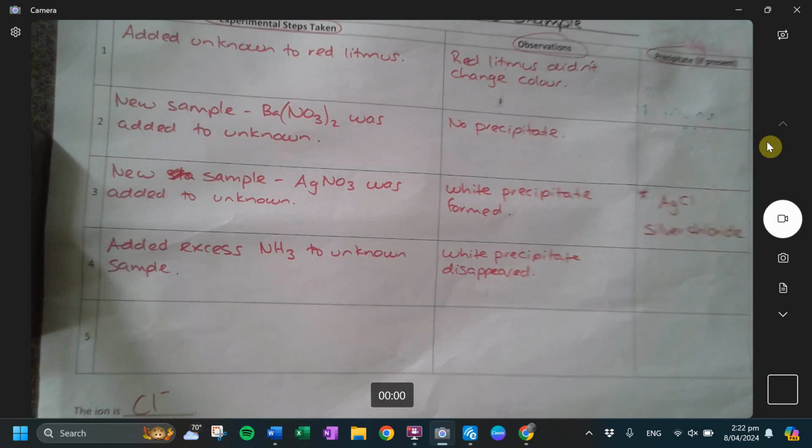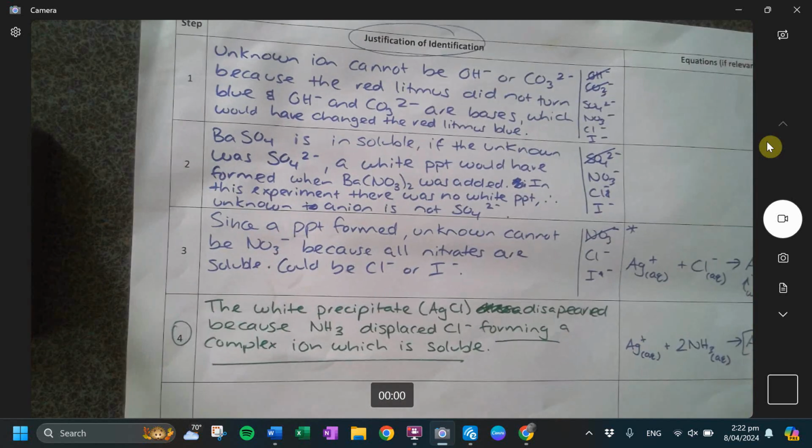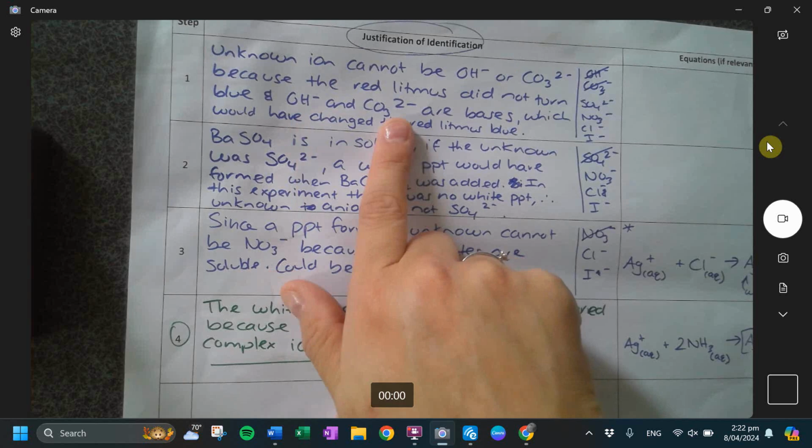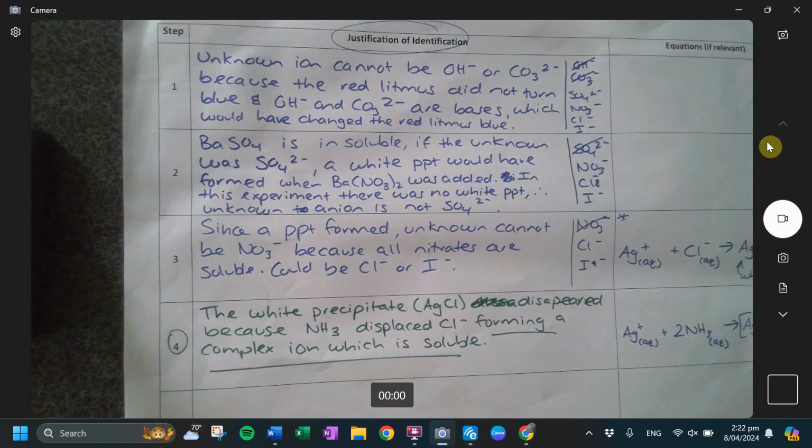For the barrier between the achieved and the merit, it had to do with the quality of your justifications, like Ms. Valasola was saying to you guys. So for example, you would notice that I've written on there, you're not explaining to me that you know that hydroxide and carbonates are bases. That was something I was looking for in a lot of sheets. The other thing I was looking for is solubility rules.